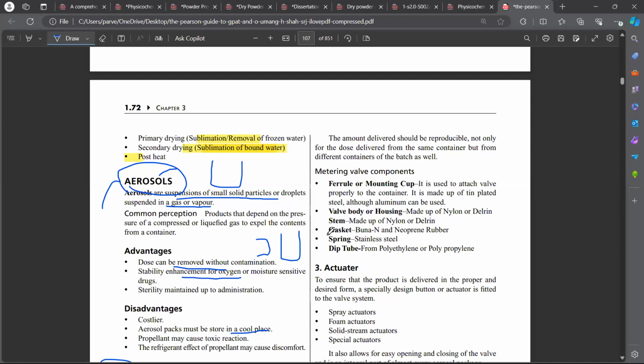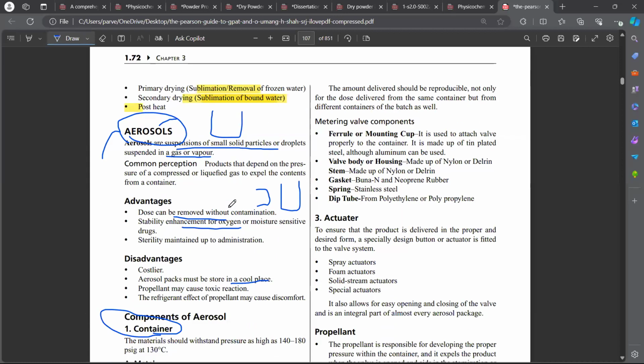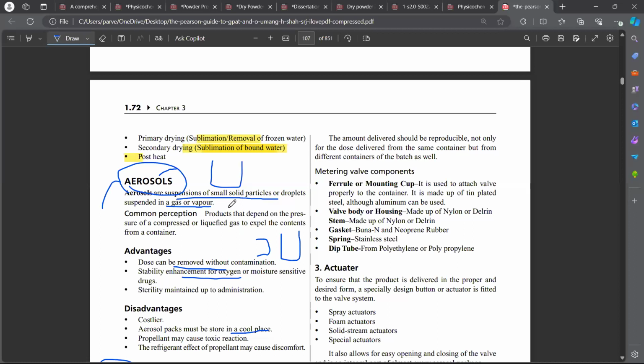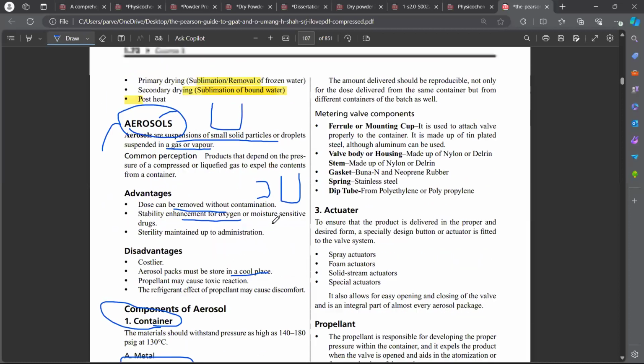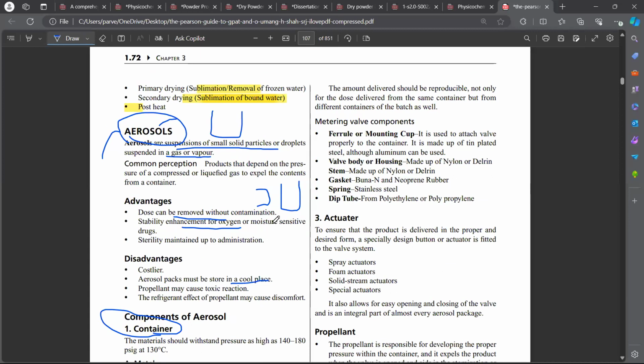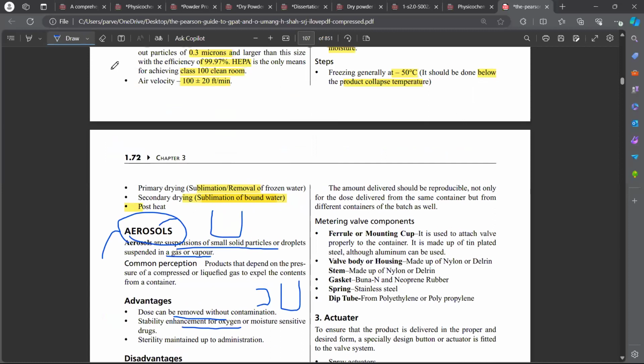Do you have any idea? Hydrofluorocarbons, yes guys, because the chlorofluorocarbons have caused ozone depletion. That's why they have been banned by all companies, and nowadays only hydrofluorocarbons are used as propellants in aerosol systems.